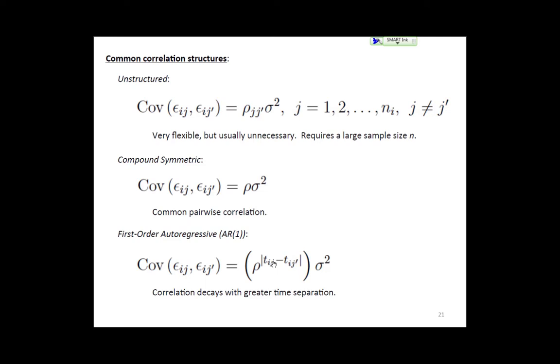But as those two get further and further away, you're raising a number between -1 and 1 to a higher power, and it shrinks it down closer to 0. So this has the effect of strongest correlation when you're talking about nearby time points, and then that tails off the further away you get.